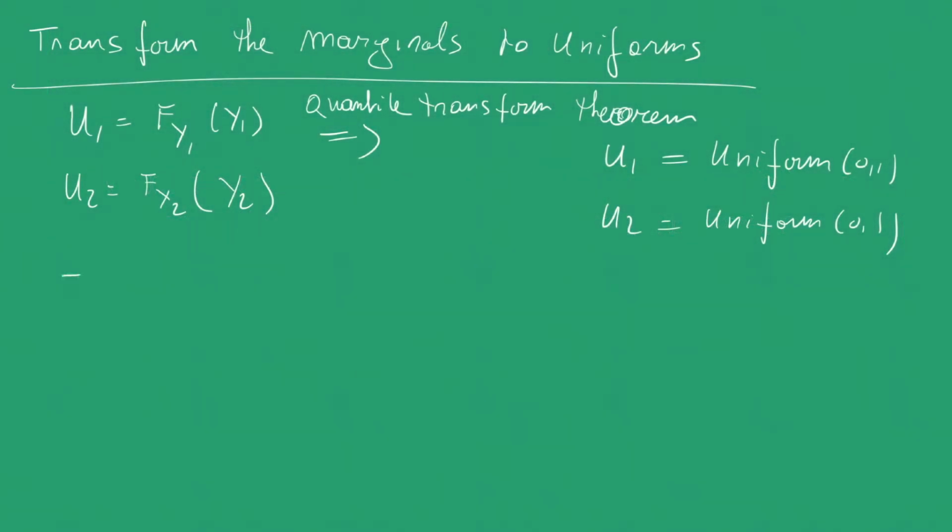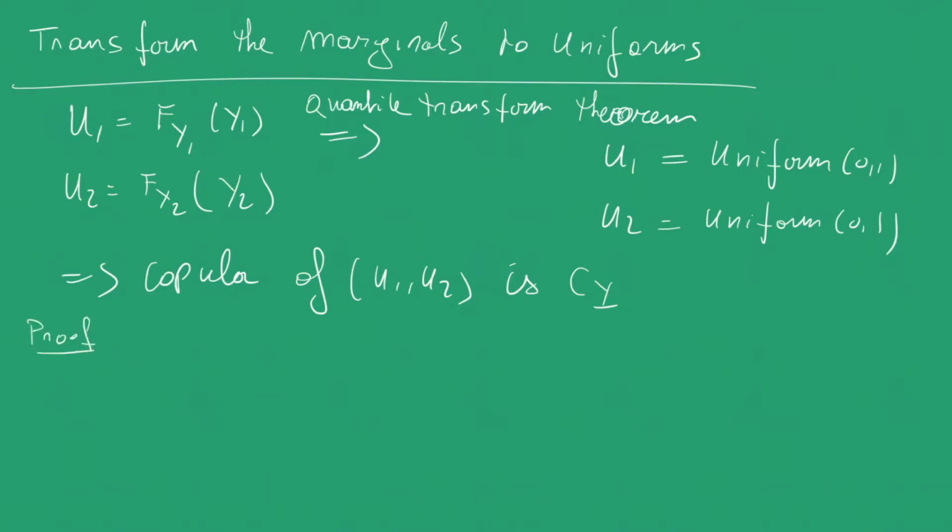However, we changed the marginals y1 to u1, y2 to u2, but the copula of the random vector u1, u2 is the same copula as the copula between y1 and y2. So I transformed the marginals, but I didn't change anything of the dependence structure. And that is actually a very simple proof. In order to prove this result, we go as follows.